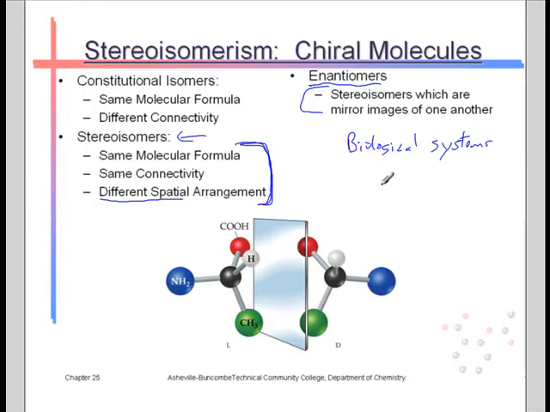It's a little hard to get across in this video lecture, but you're actually carrying two enantiomers with you right now. It's your left and your right hands. Do this experiment. Go to the bathroom, go in front of the mirror, place your left hand in front of the mirror and look at the reflection. What you're going to see is that the reflection in the mirror is equivalent to my right hand.